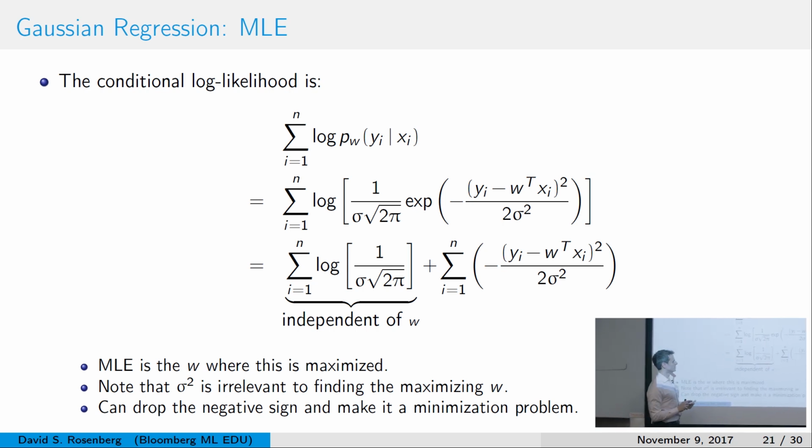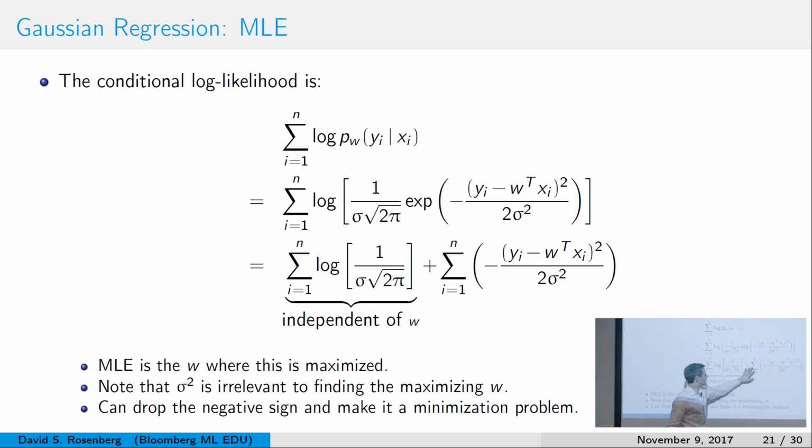And the thing to note is that a lot of this stuff is irrelevant. If we're maximizing over W, this term is independent of W, so we can drop that. We're maximizing this negative expression. Well, that would be equivalent to minimizing it without the negative. This 2 sigma squared is independent of W and can be pulled out.